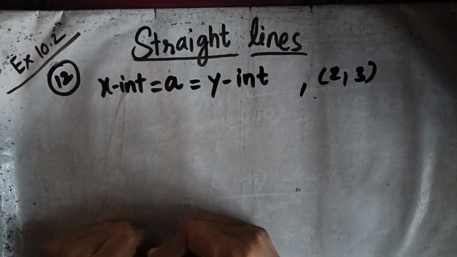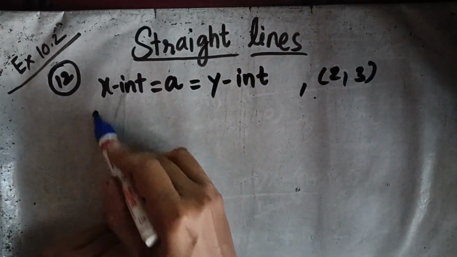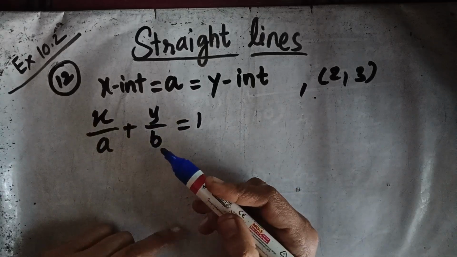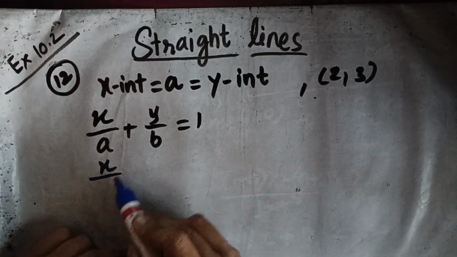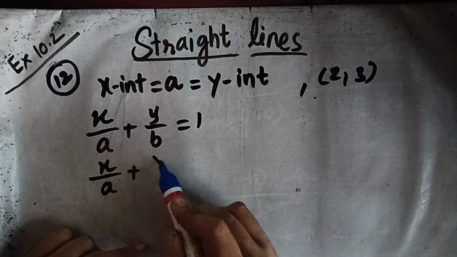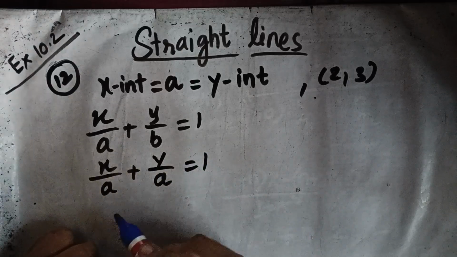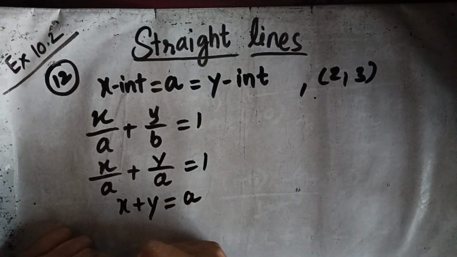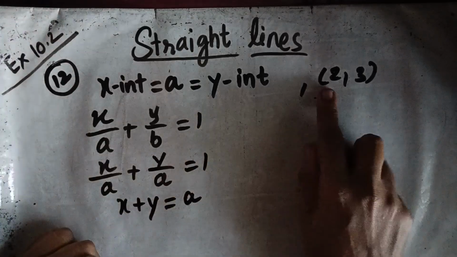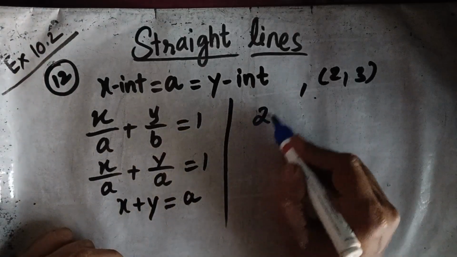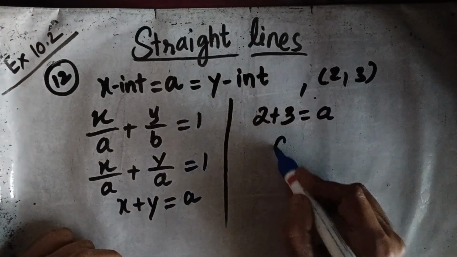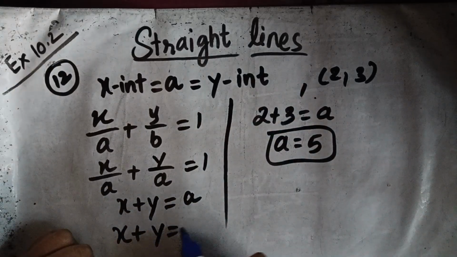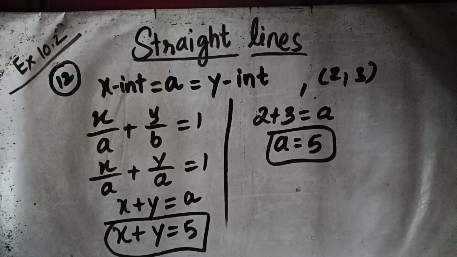So we can use the intercept form, that is x upon a plus y upon b equal to 1. Okay, so both the intercepts are same. So this is x plus y equal to a. Okay, so we can find the value of a using this point. So we'll get 2 plus 3 equal to a, so a is 5. Okay, so our equation is x plus y equal to 5.